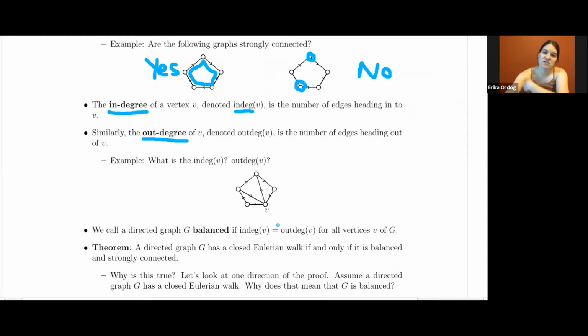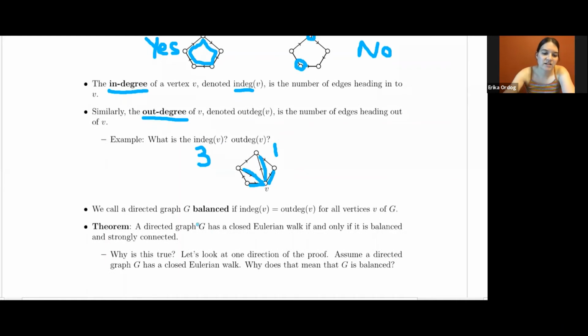It's the number of edges directed towards that vertex. So there are 1, 2, 3 edges going in towards V, so the in degree is 3. And there's 1 edge heading out, so the out degree, oops, it's not 4, is 1.